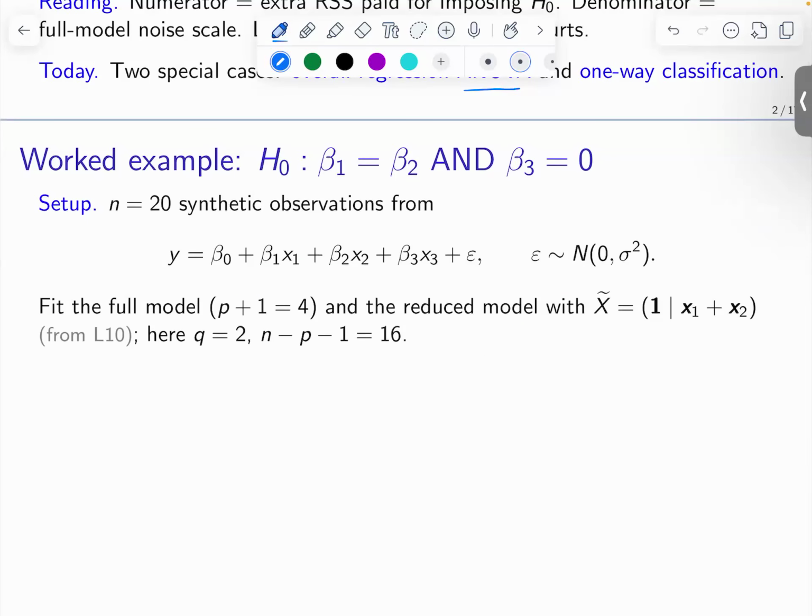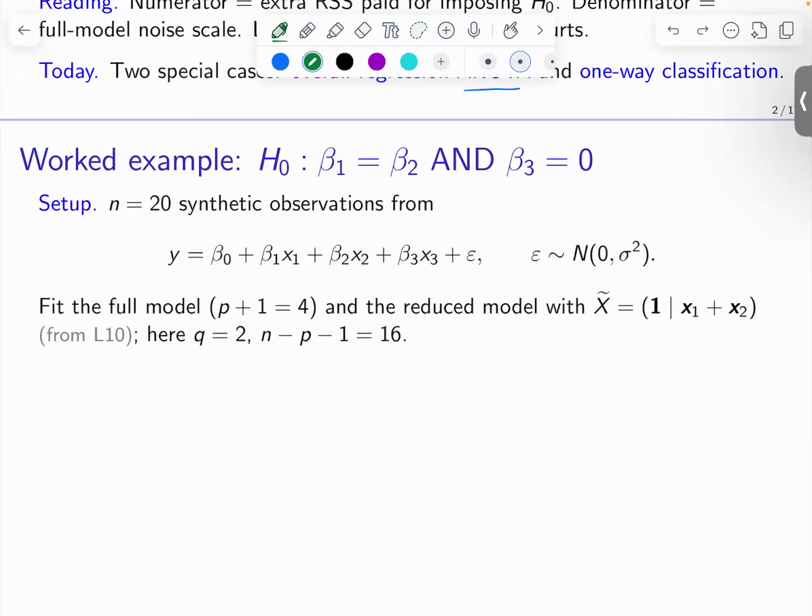So here's an example that I was planning to go over last time. It's the case where we have a set of non-standard constraints. For example, I want to test beta 1 equal to beta 2 and beta 3 equal to 0. If you want to do the F-test, let's say I generated 20 synthetic data points.